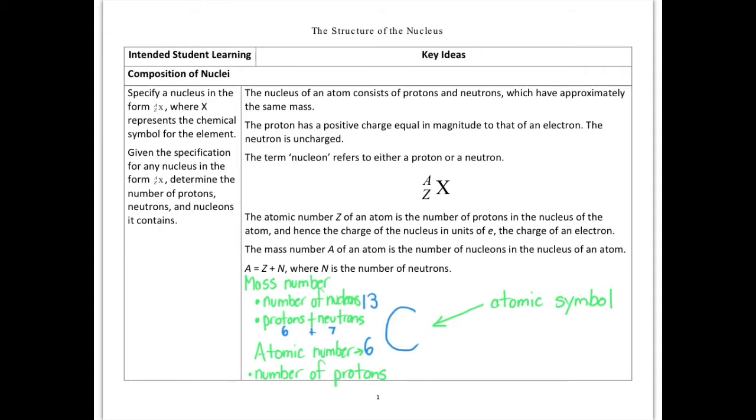So this is the standard notation we use to identify a nucleus. Firstly, probably this number down here is most important. This is the atomic number, the Z number, and that tells us the number of protons within a nucleus.